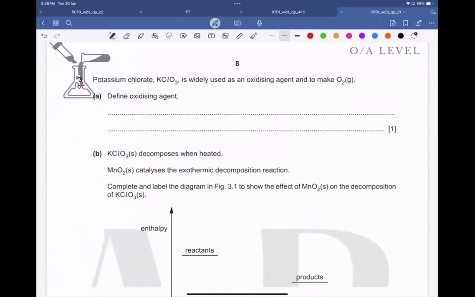Now, question number 3. Potassium chlorate, KClO3, is widely used as an oxidizing agent to make oxygen. Define oxidizing agent. So now they are asking you to define oxidizing agent.